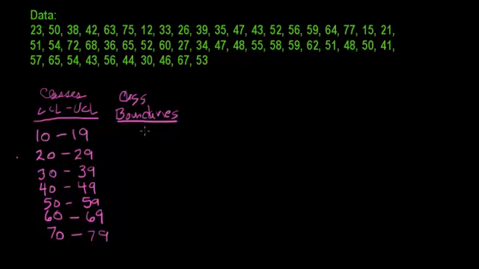So sometimes it's easiest to start with the boundary between the first class and the second class. It's the number that falls between the upper class limit of the first class and the lower class limit of the second class. So we just basically take an average of those and find that that number would be 19.5.